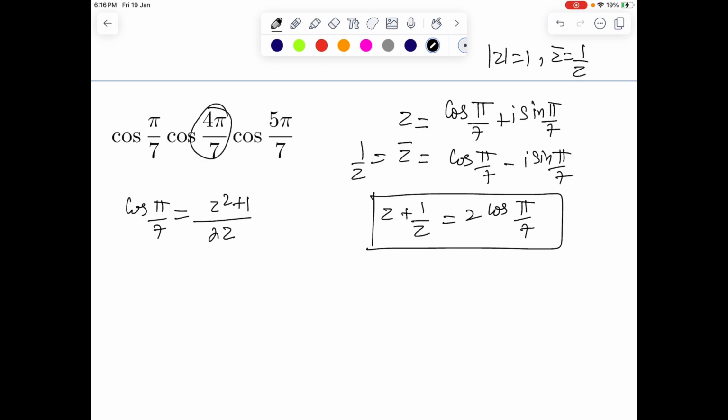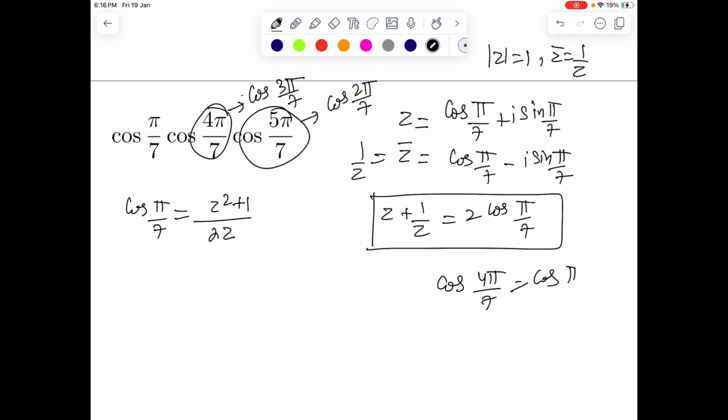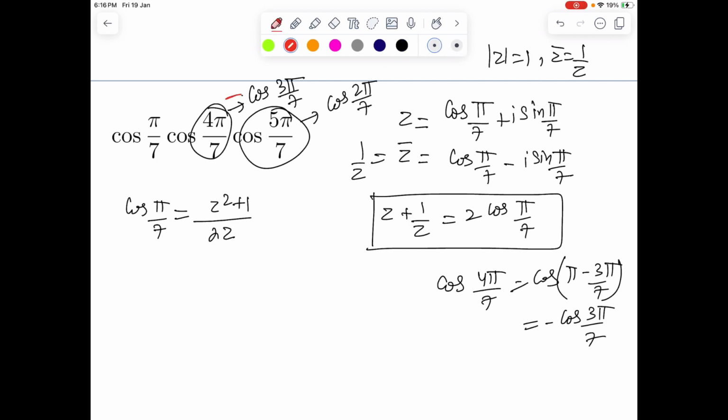Similarly, what is cos 4 pi by 7? Now 4 pi by 7 can be written as pi minus 3 pi by 7, so cos 4 pi by 7 is cos of pi minus 3 pi by 7, and cos of pi minus theta is minus cos theta.